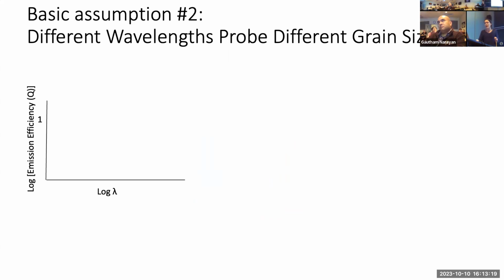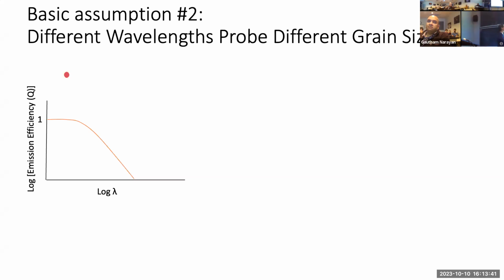That's one. The basic assumption number 2, which I've already mentioned, is that different wavelengths probe different grain sizes. So where does this rule of thumb come from, that the grain size is roughly equal to the wavelength of observation? Grains are like little antennas. A grain of a particular size will be a perfectly efficient emitter at wavelengths that are small compared to its size.